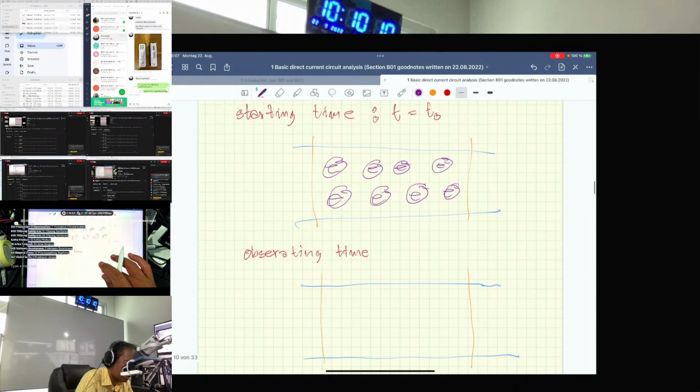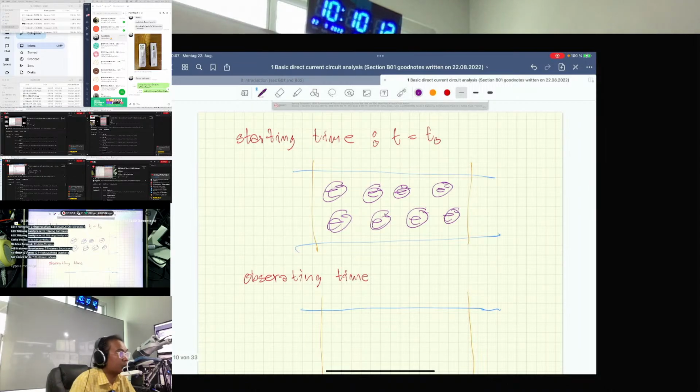Okay, this is the first starting time, right? And of course the electrons will move to the left, to the left, to the left.